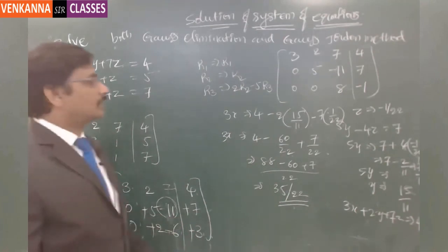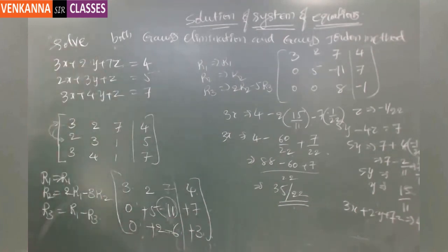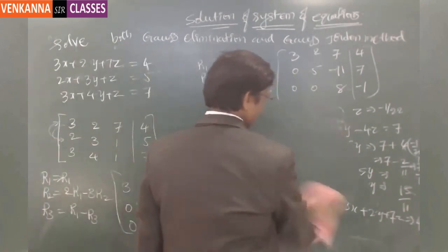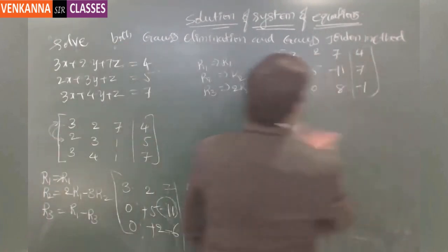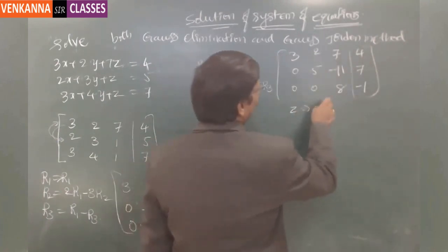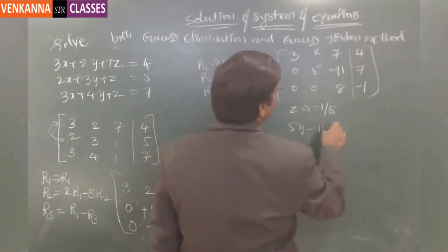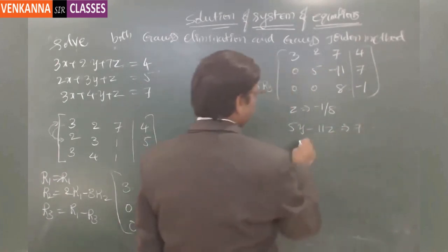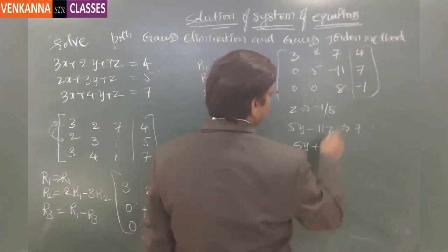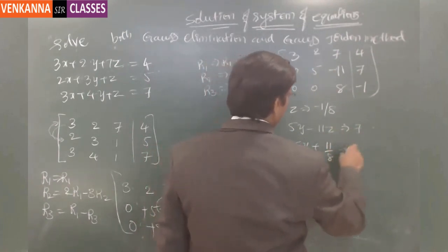Yeah, so this is correct, I think. Z is equal to minus 1 by 8 is correct. So from here actually, the Z value is coming out to minus 1 by 8. Here 5y minus 11z is equal to 7. And this is 5y plus 11 by 8 equal to 7.